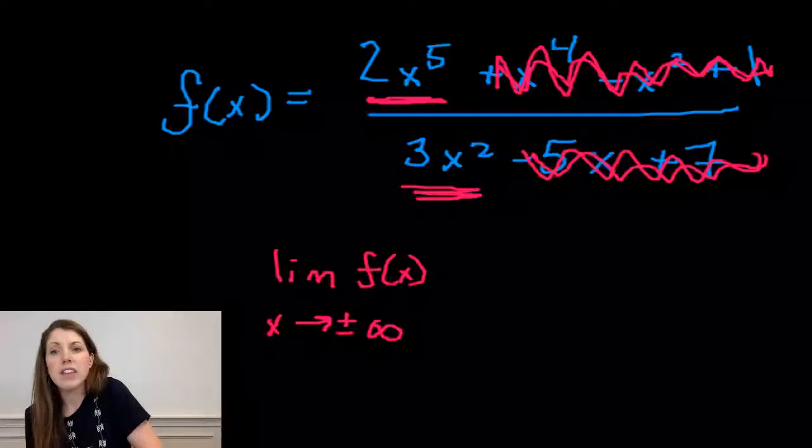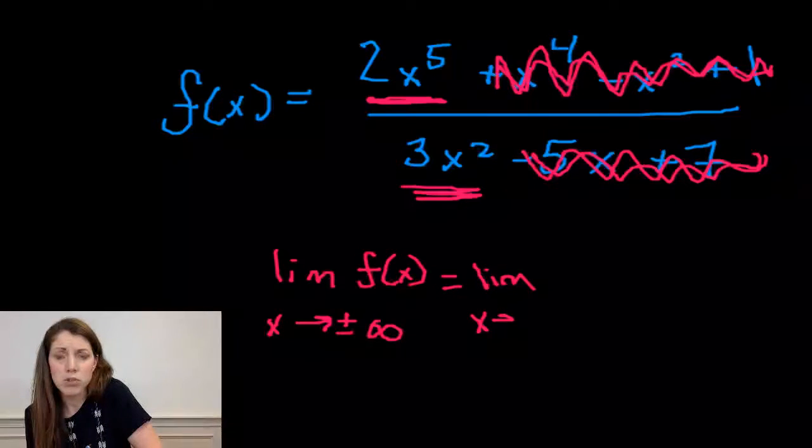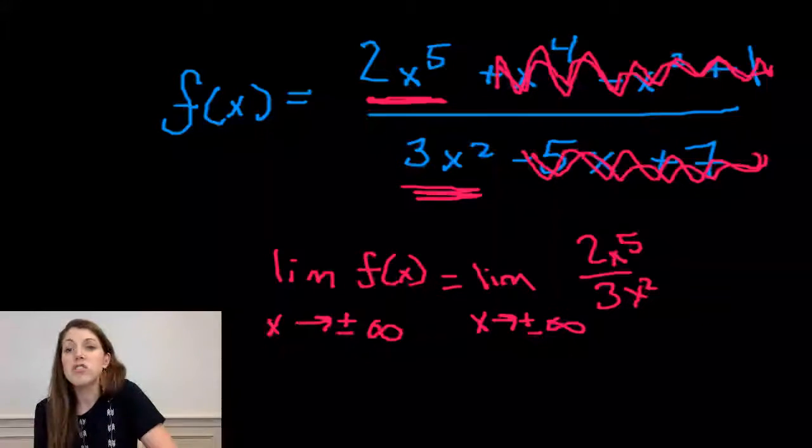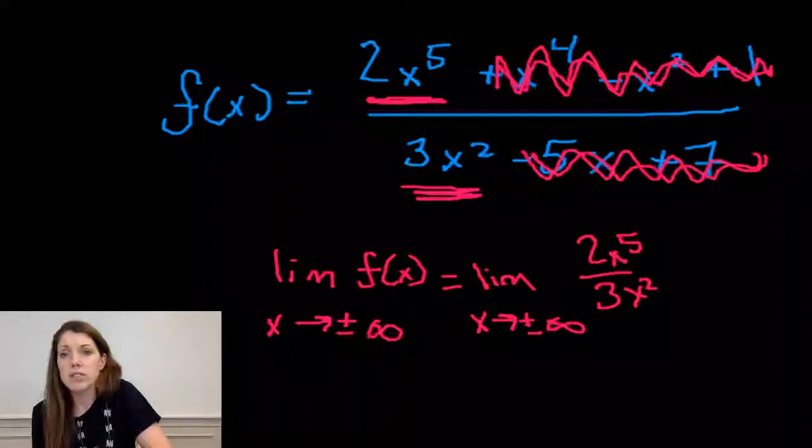Now, when we try to find the limit of that, we're saying the limit as x approaches, we're going to talk about both infinities, of essentially 2x to the 5th over 3x squared, which can be reduced. 2 over 3 we can't really reduce. That's just still 2 on the top, 3 on the bottom.